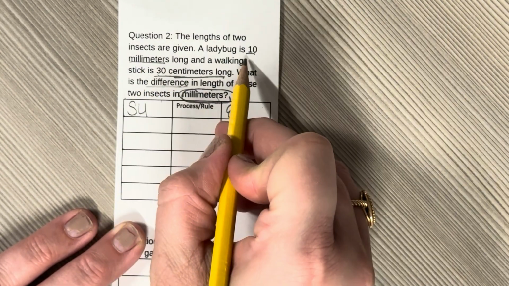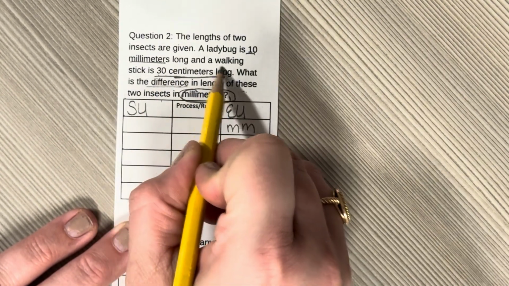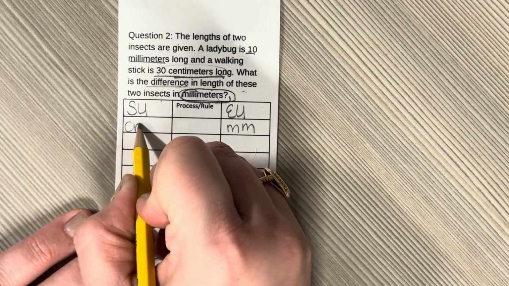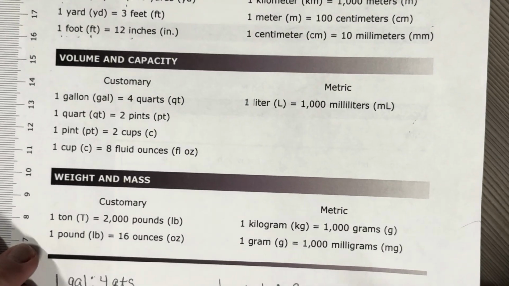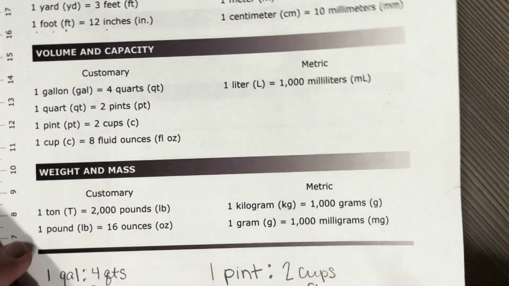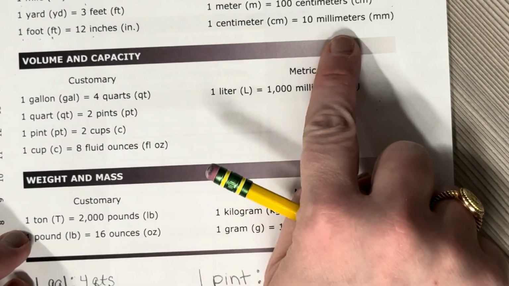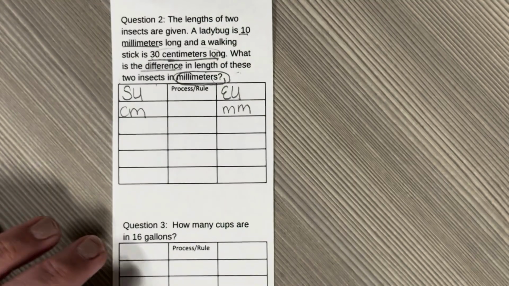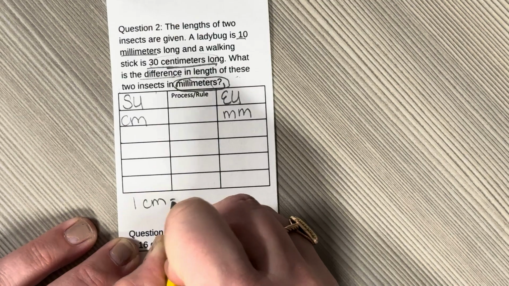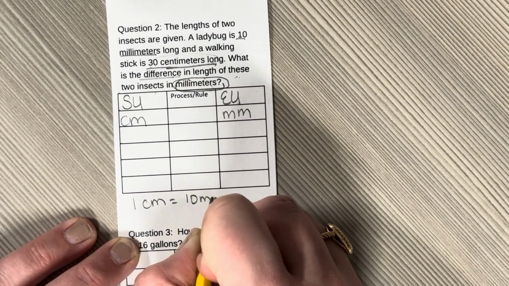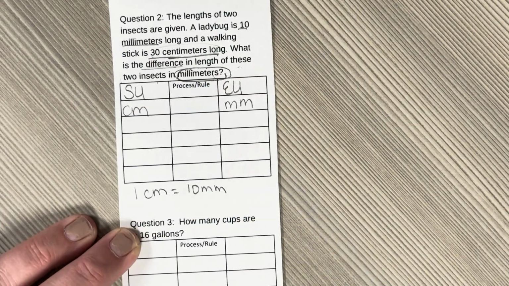So I don't care about that one right now. Centimeters. Okay, I'm starting with centimeters. Okay, now to my reference chart. Centimeters and millimeters. 1 centimeter equals 10 millimeters.